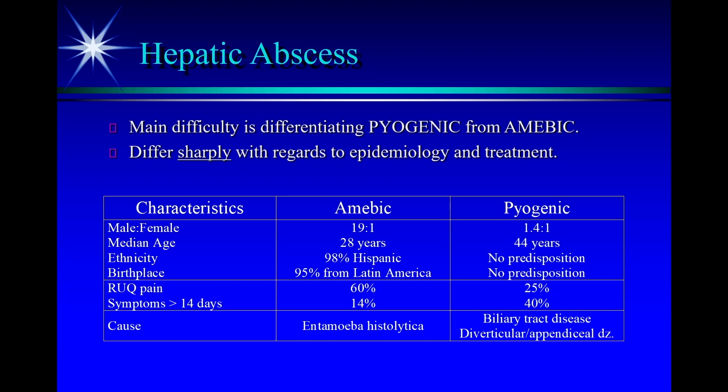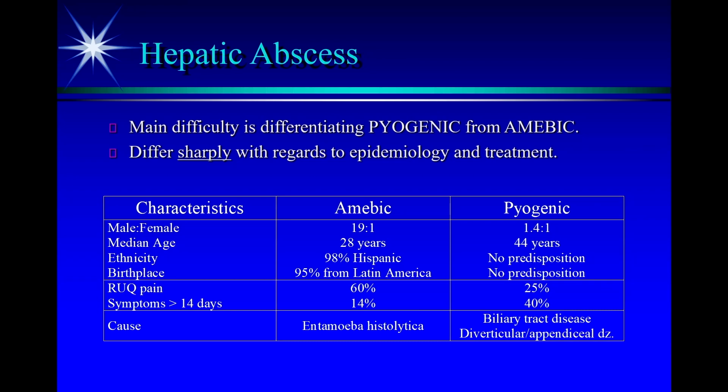Pyogenic abscesses usually are a result of some underlying lower GI tract pathology, whether it's diverticular disease, diverticulosis, appendicitis. So as you would expect, you see those in older patients with chronic liver conditions.